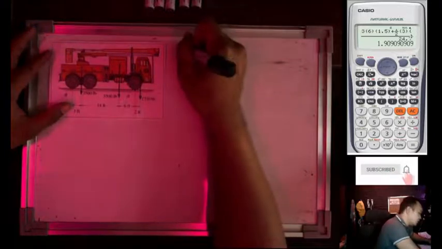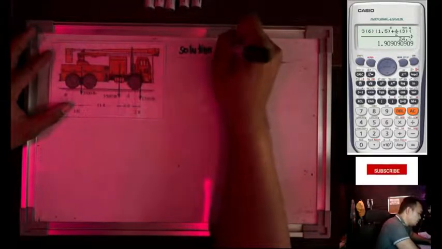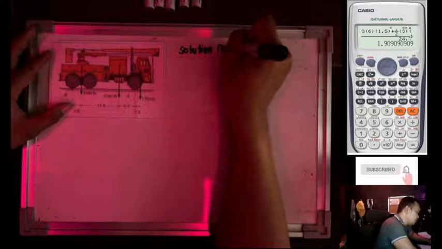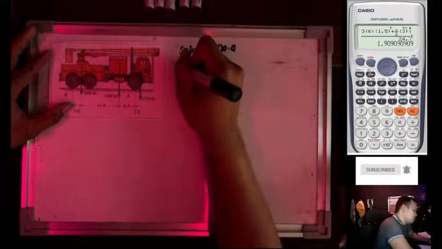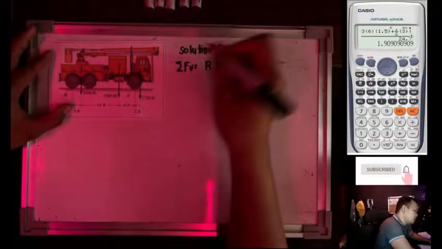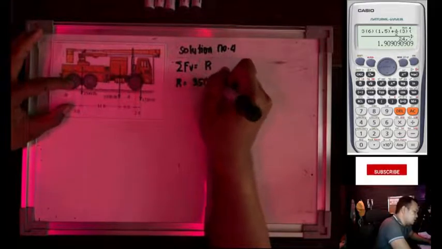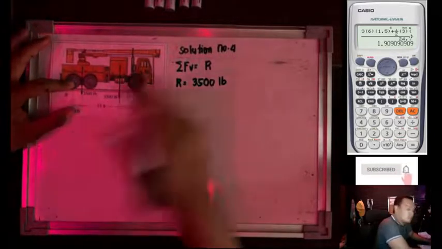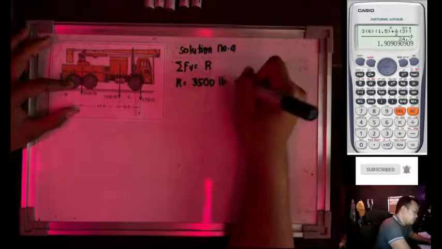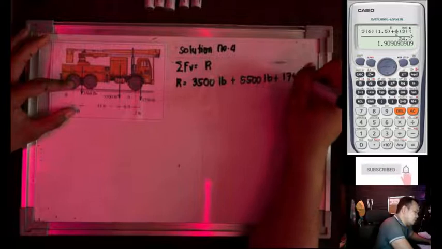Okay, solution number 4 tayo. So, resultant is equivalent kay summation forces vertical lang tayo. Summation forces vertical is equivalent kay resultant. Resultant is equivalent kay 3,500 pounds, itong nandito, plus 5,500 pounds, plus 1,750 pounds.